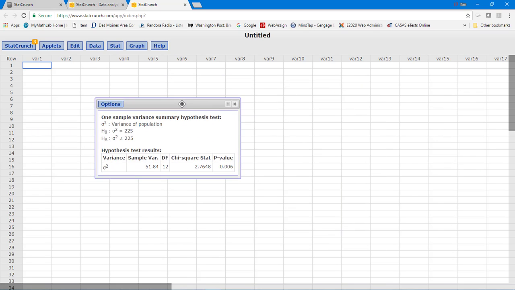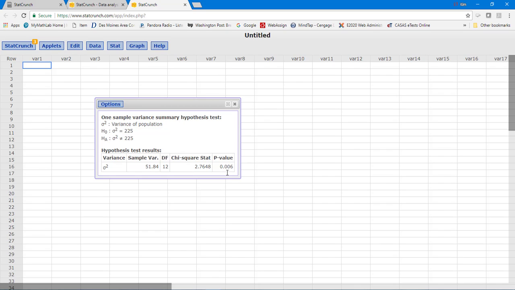Now notice we get the exact same chi-square statistic that Dr. Triola did in the video. But here is our p-value, much easier than using table A4, finding the critical values or estimating the p-value.